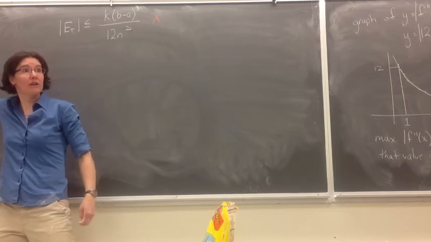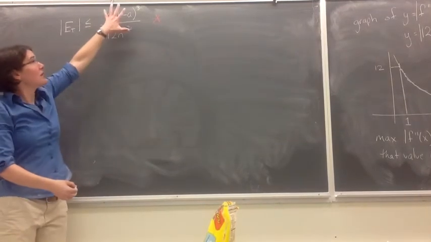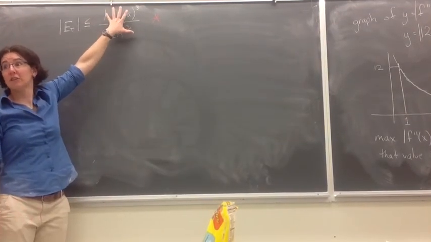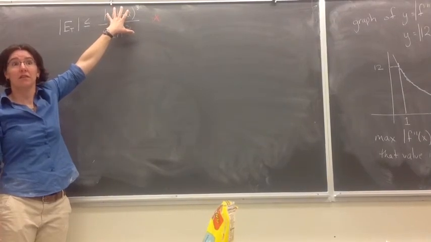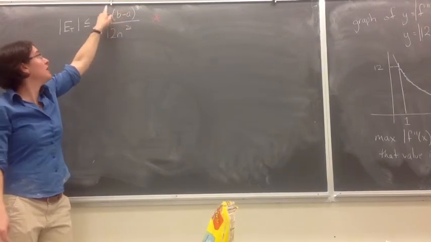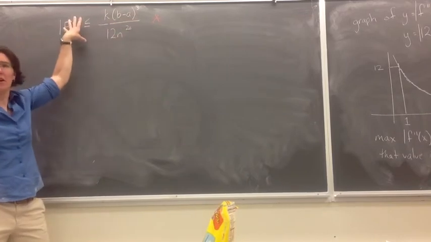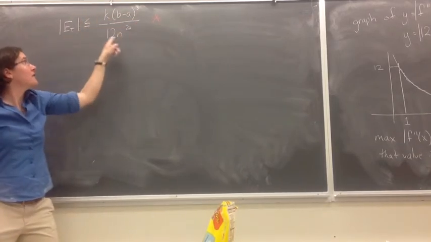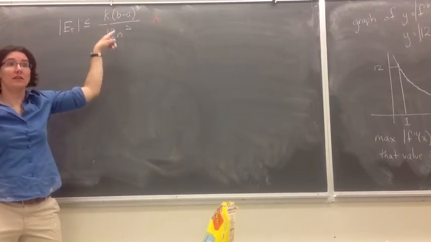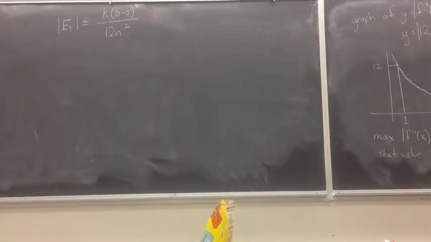And the only way we can do that is if we put a ceiling on this expression right here. So what we need to do is we need this expression, which is keeping our error small, we need for this expression to be smaller than this number.